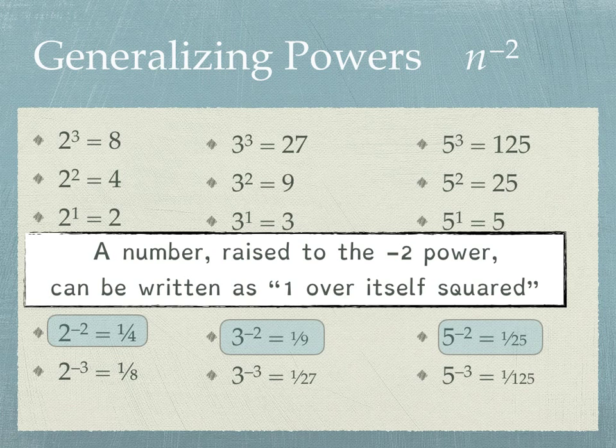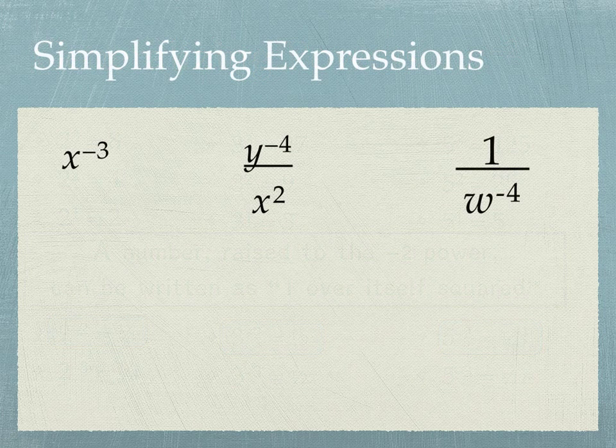So let's simplify some expressions. We'll start with x to the negative 3. We're going to write that as 1 over x to the 3rd power. In the next expression, it's the negative exponents that we need to deal with. The x squared can stay in the denominator, but the y to the negative 4th, we have to change its place in the fraction.